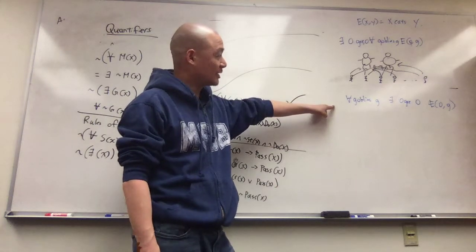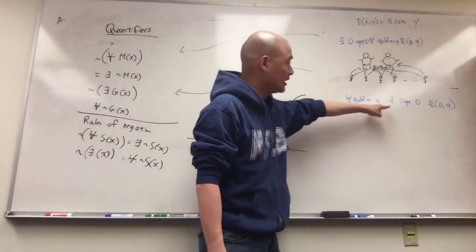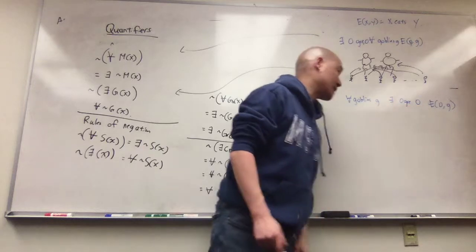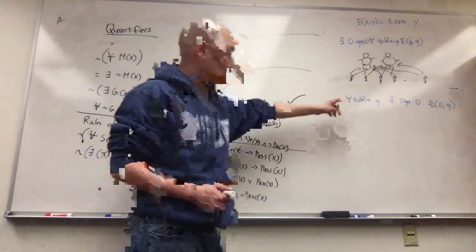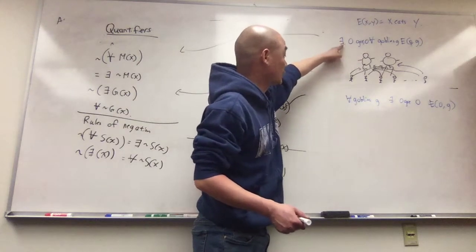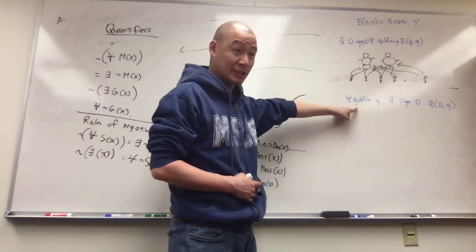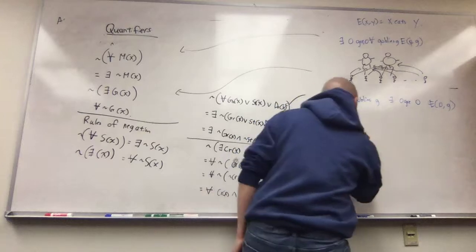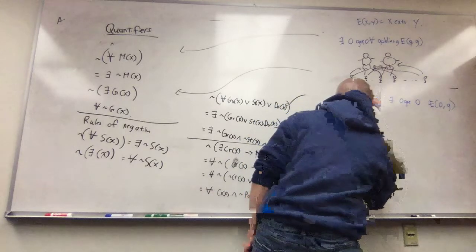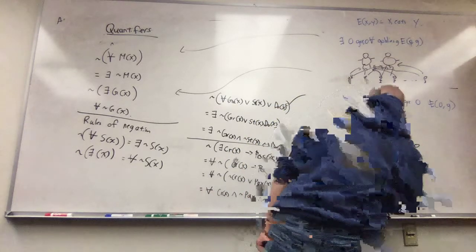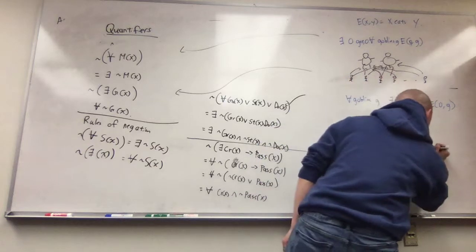How is that different from what's going on here? So here we say for every goblin G, there is an ogre O such that O eats G. So that means here the focus is on ogres. That's what we start with. Here the focus is on goblins. So we have a bunch of goblins. Let's draw some more here and make one more here.